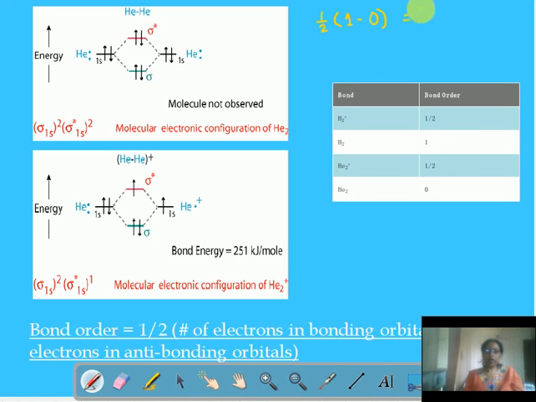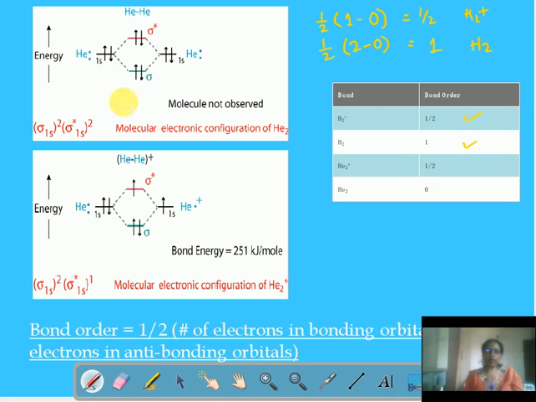So the bond order is half for the H2 plus molecule. For H2 we had 2 electrons in the bonding molecular orbital, so half into 2 minus 0 is 1. So for H2 the bond order is 1.